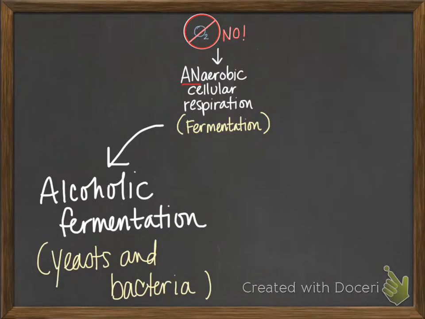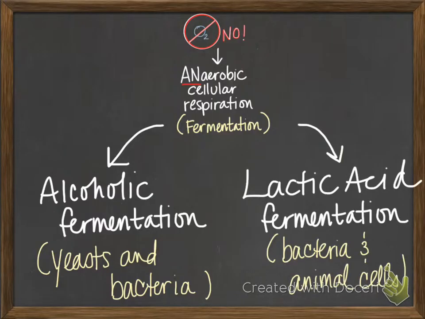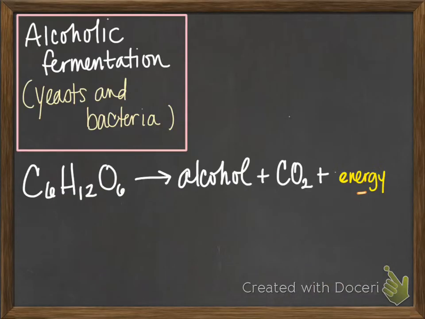Alcoholic fermentation is performed by yeasts and some bacteria. Lactic acid fermentation is performed by bacteria and some animal cells. So alcoholic fermentation, the kind performed by yeasts and some bacteria, takes C6H12O6, that's the glucose molecule, but it doesn't have any oxygen to combine it with.